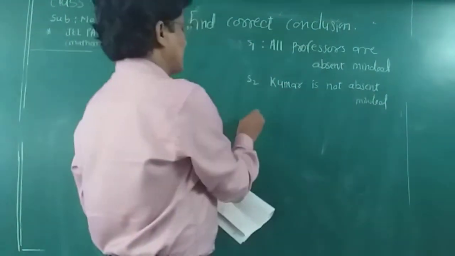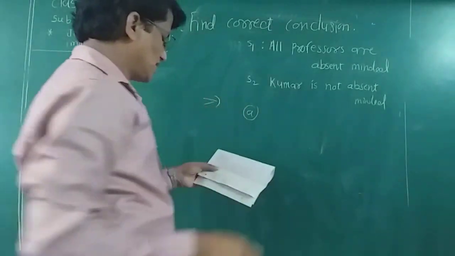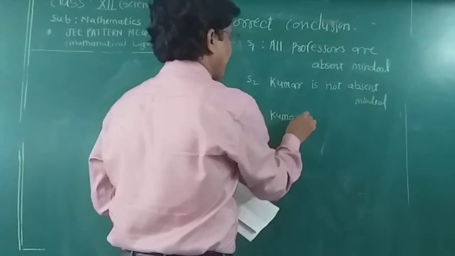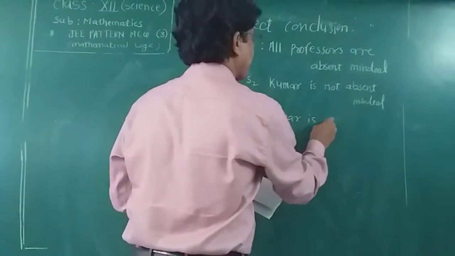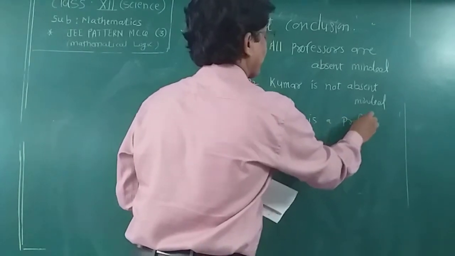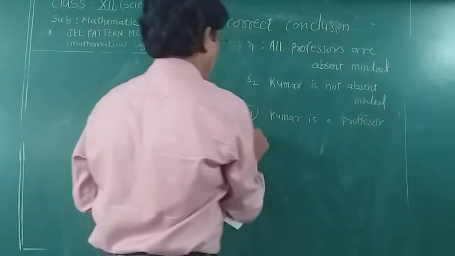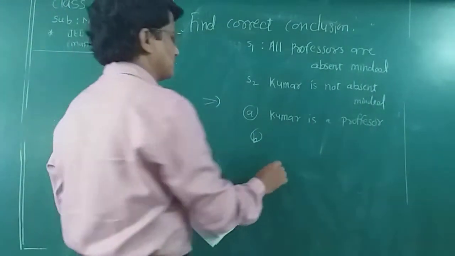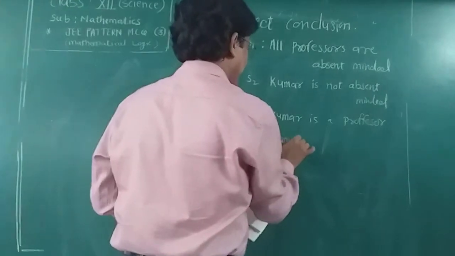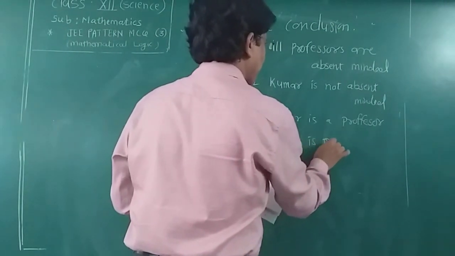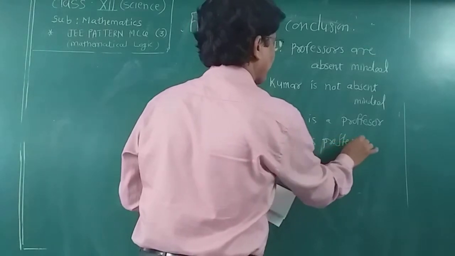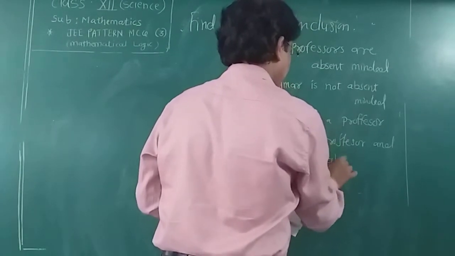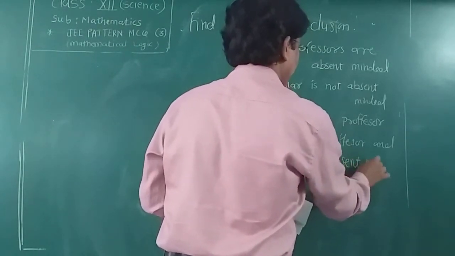And options are given here. Which one is correct? We have to find it. Option A: Kumar is a professor. Option B: Kumar is a professor and absent-minded.